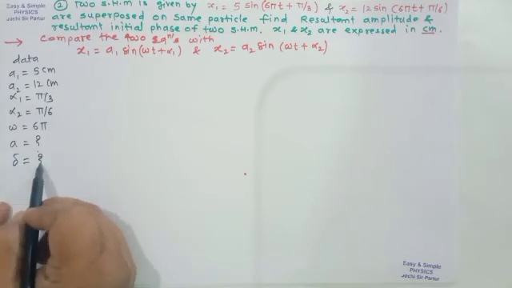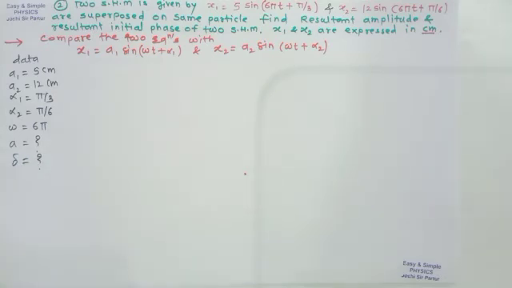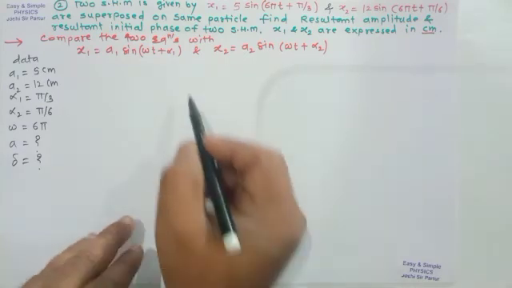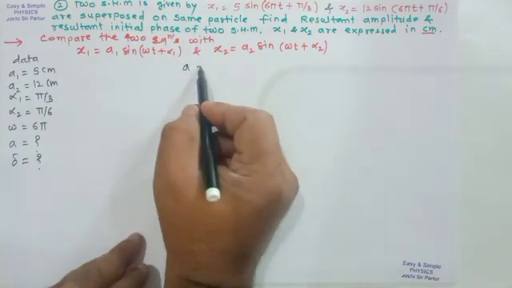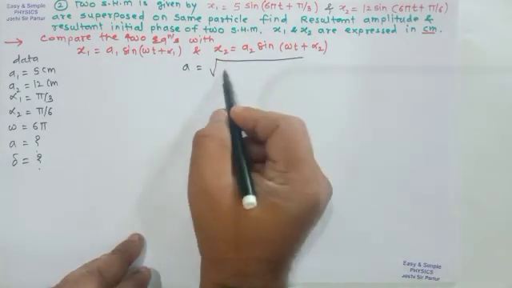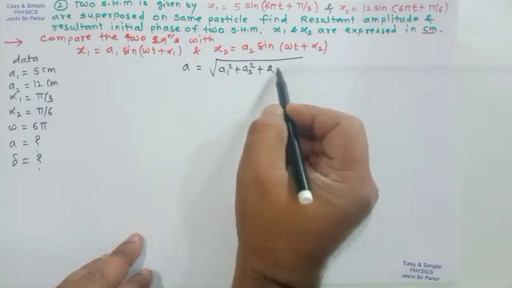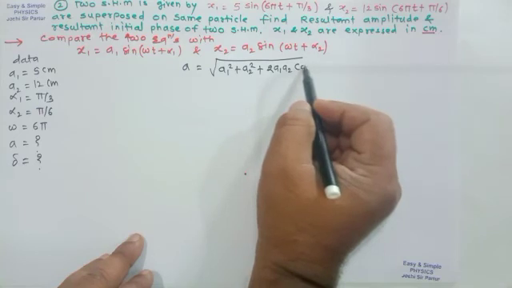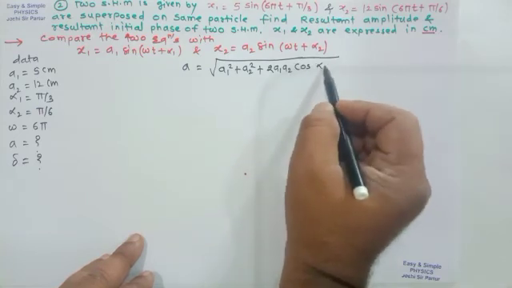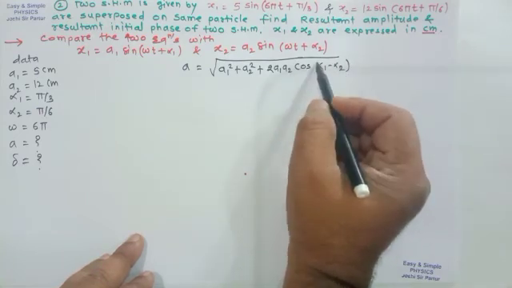and the resultant initial angle delta. So first, using the formula for resultant amplitude, A is equal to the square root of a1 square plus a2 square plus 2 times a1 a2 cosine (alpha 1 minus alpha 2).